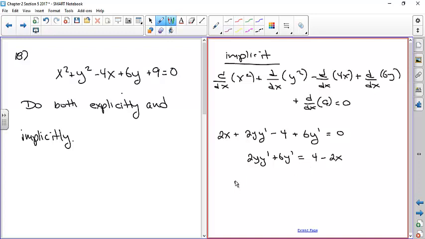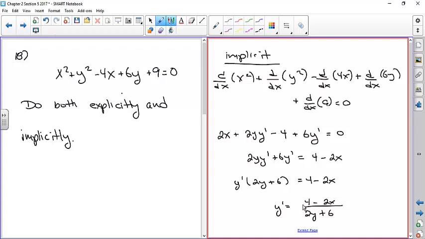Then you factor out the y prime, so it leaves you with 2y plus 6 here. Then you divide both sides by the term in the parentheses, and you get 4 minus 2x divided by 2y plus 6. So that's your derivative.